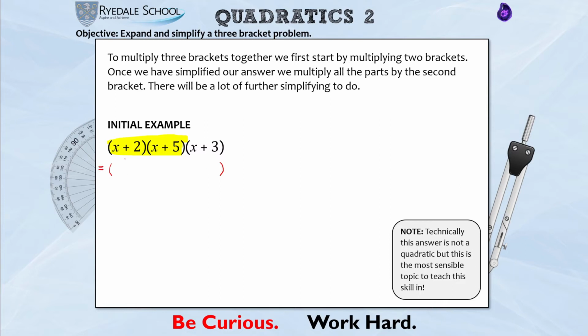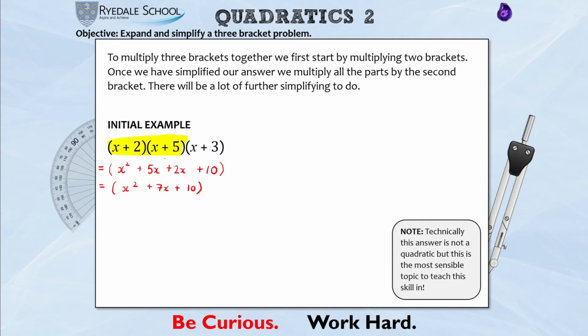So I know from first, outer, inner, last, from FOIL, it would be x squared, the outers would be 5x, the inners would be 2x, and the lasts would be 10. If I simplify that, and still write it in a bracket, that is x squared plus 7x plus 10.